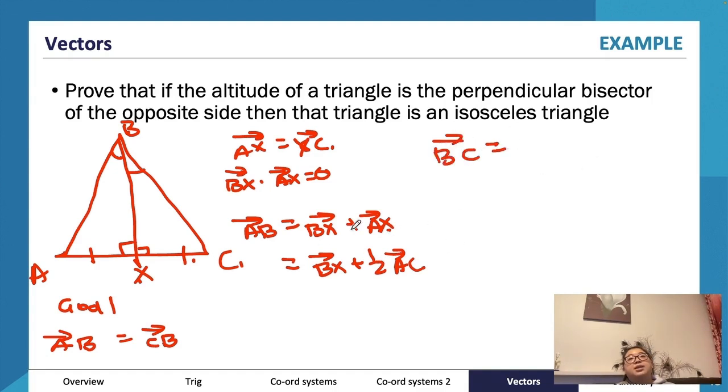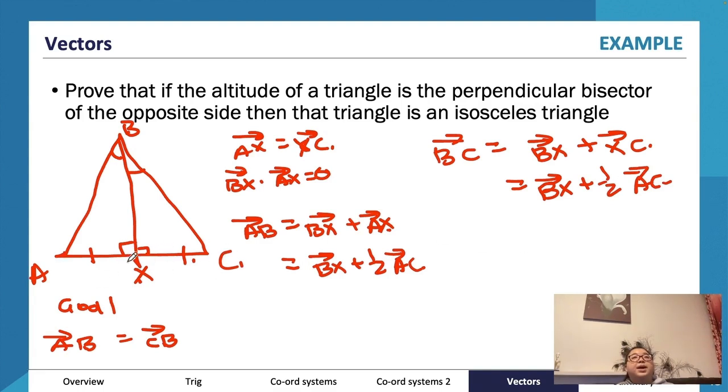So our BC is going to be BX plus our XC. Because it's the bisecting of that point, it's going to be BX plus a half AC. So once we get that, we can see that AB is equivalent to BC. Therefore, this is an isosceles triangle.